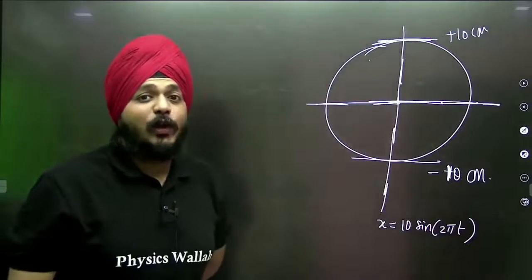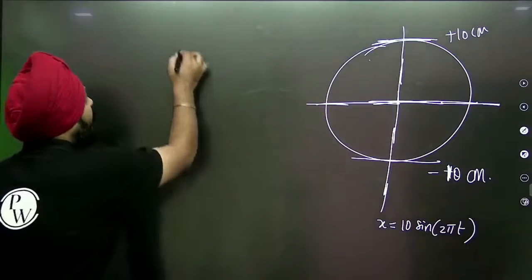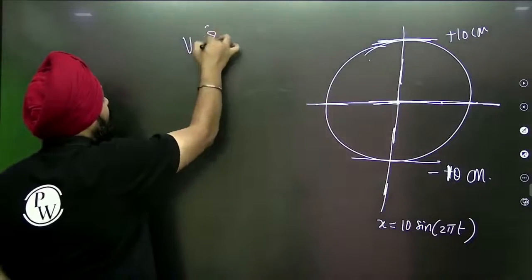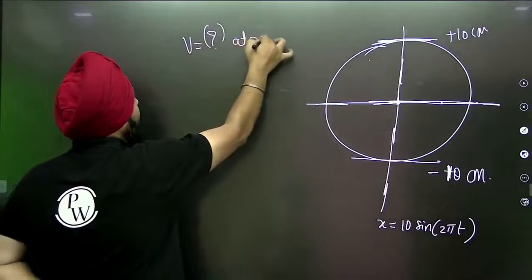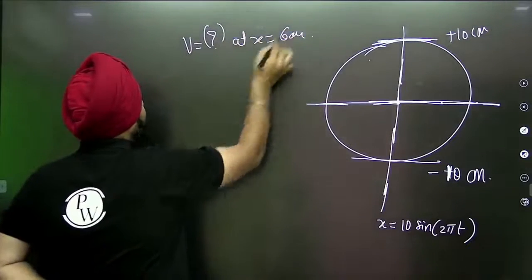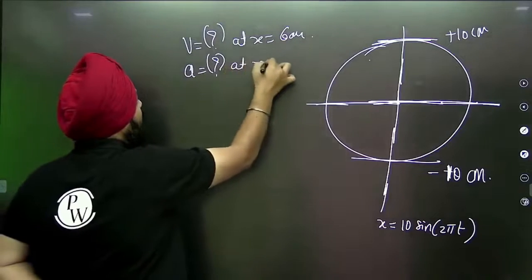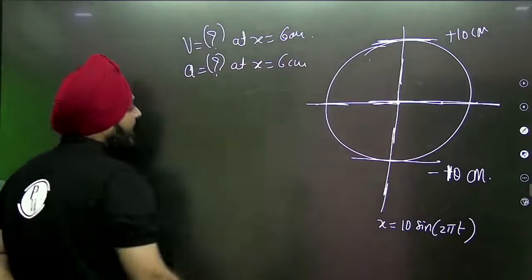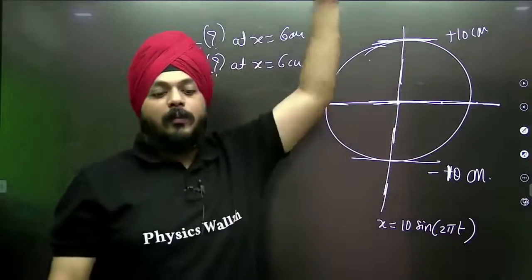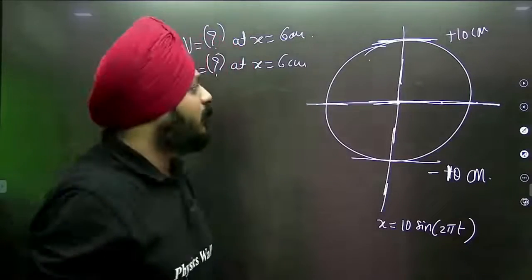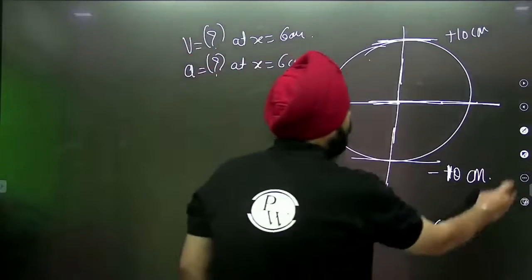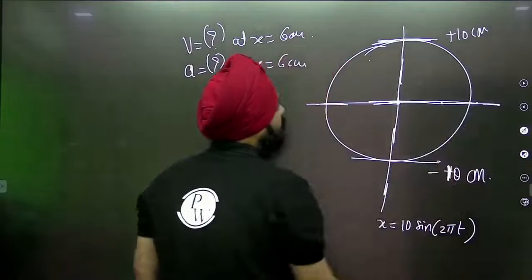We need to calculate the velocity at x equal to 6 centimeter, and we need to calculate the acceleration at x equal to 6 centimeter. Again, that long formula-based calculation. No, we are going to solve it quite easily using the phasor.